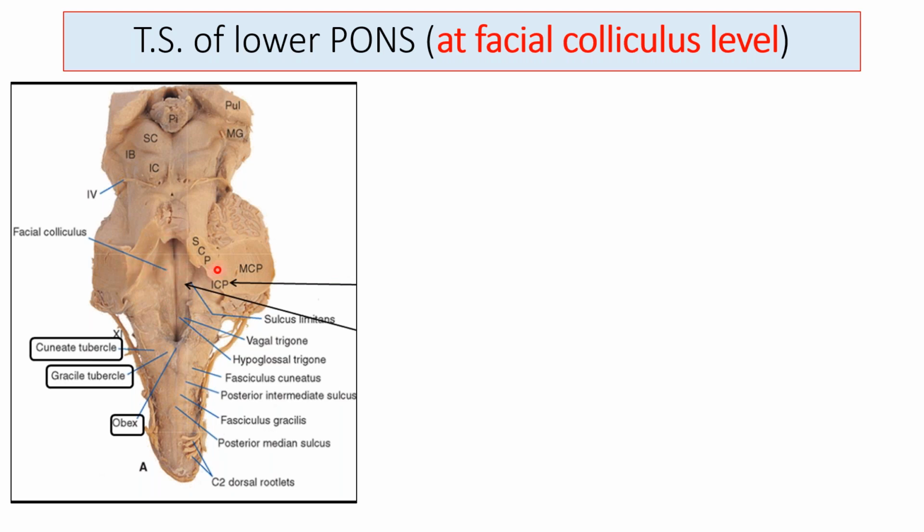We will first see the section along the facial colliculus. This facial colliculus is raised by certain cranial nerve nuclei; we'll see which. So this is our first plane, at the lower portion of the pons.